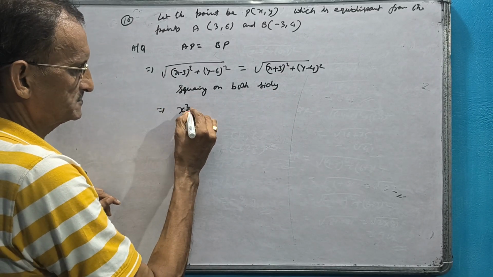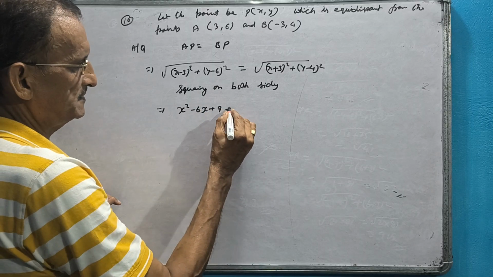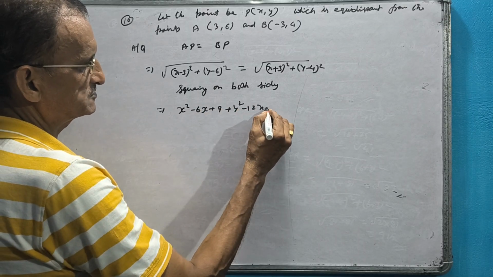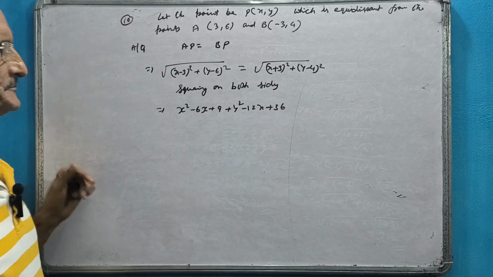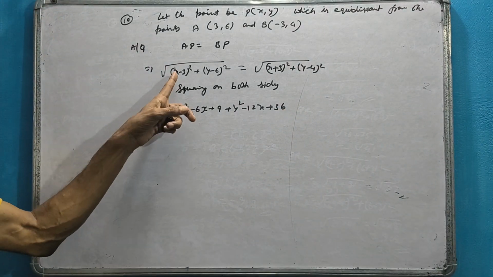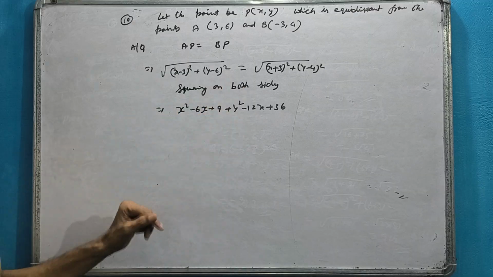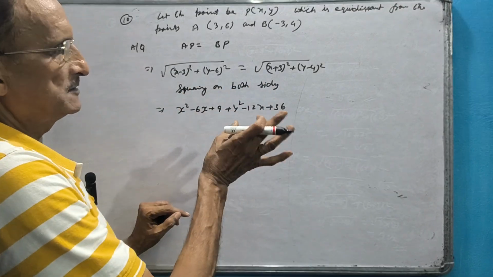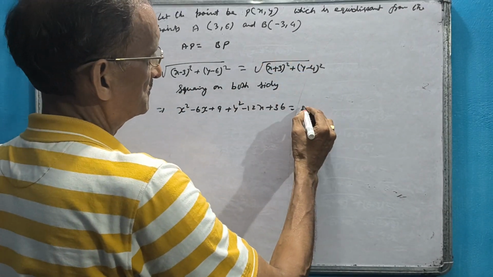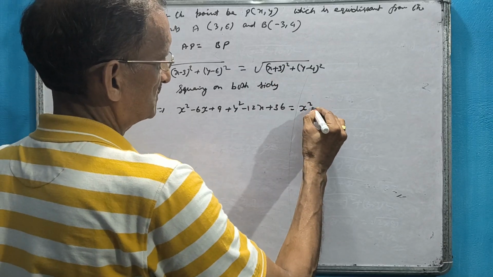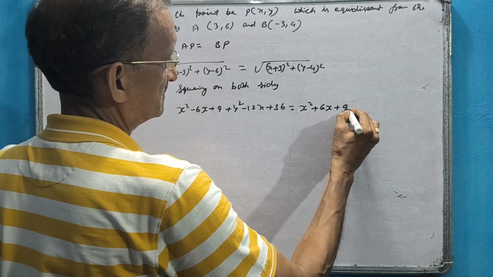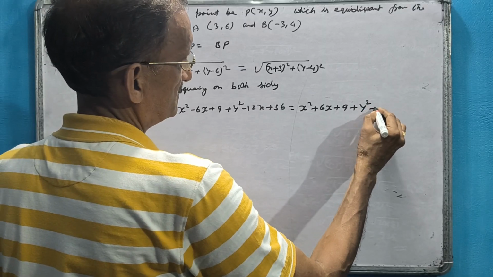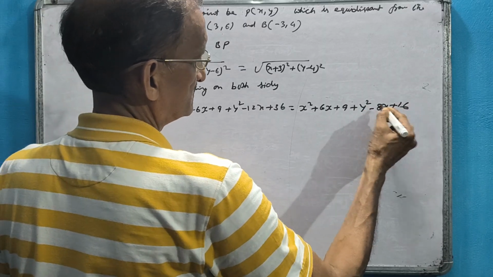Write the formula: x square minus 6x plus 9 plus y square minus 12y plus 36, using the (a minus b) whole square formula. Squaring on both sides we have already done, so the root is removed. Without root now, (x plus 3) whole square is x square plus 6x plus 9 plus y square minus 8y plus 16.